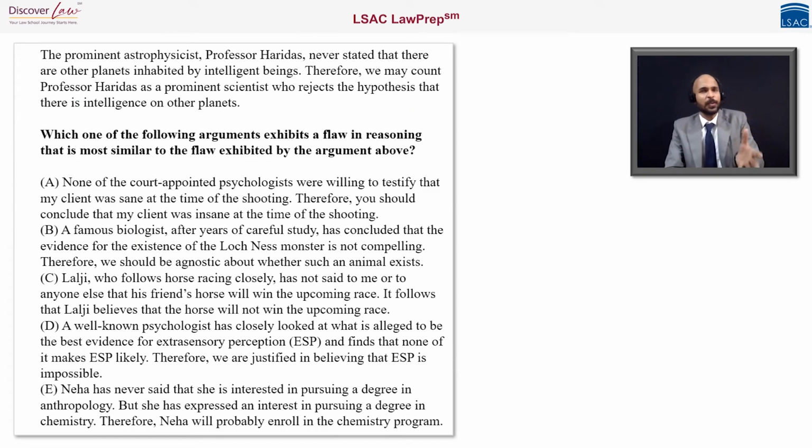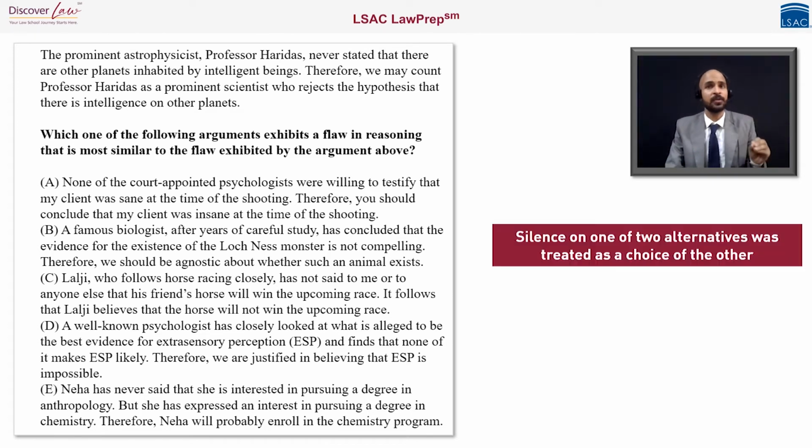So when you're trying to understand structure, we try not to think so much about the content. While I can say that he could have either accepted or rejected, a simpler, more general way of saying this is that silence on one of two alternatives was treated as a choice of the other. So for example, there were two options here.